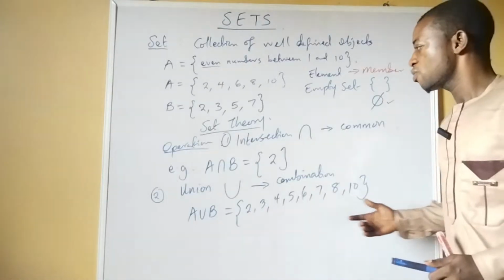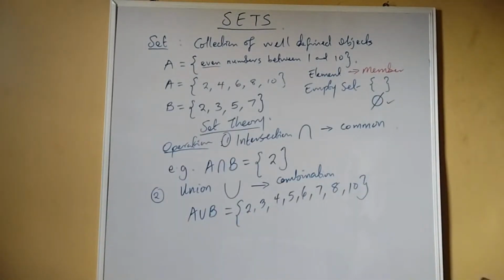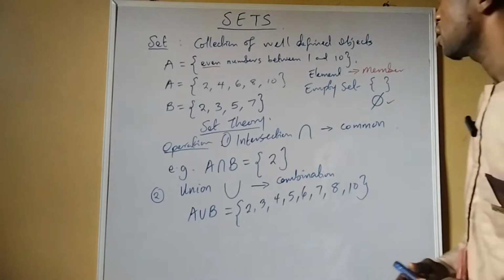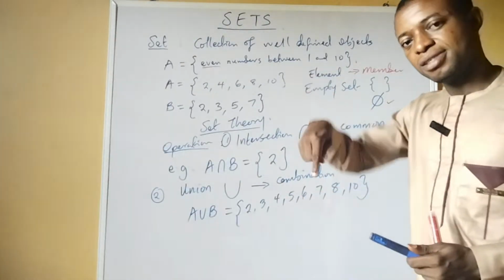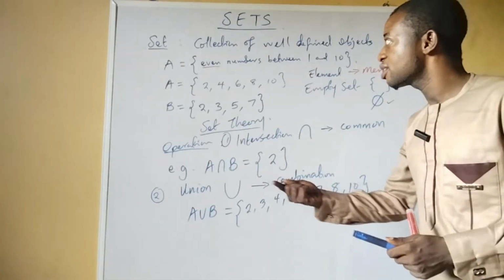And we still have one operation, which is referred to as complement. Complement means the elements not in that set, but which we can find in the universal set.